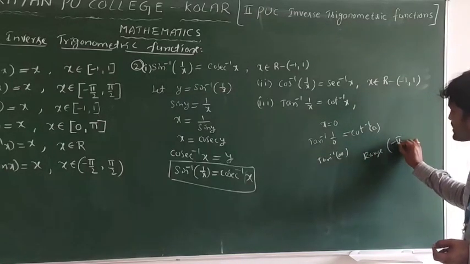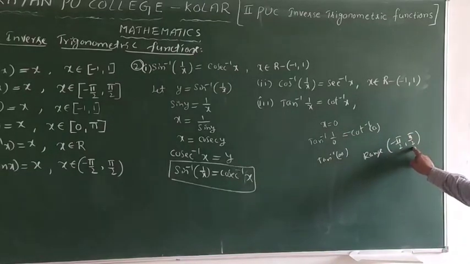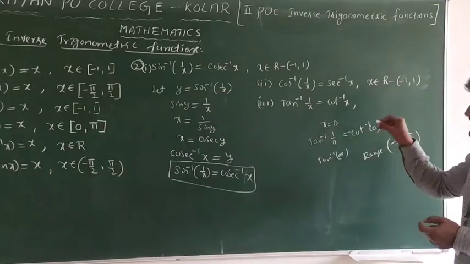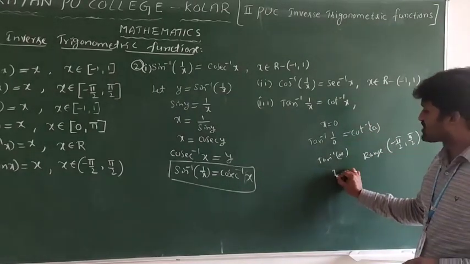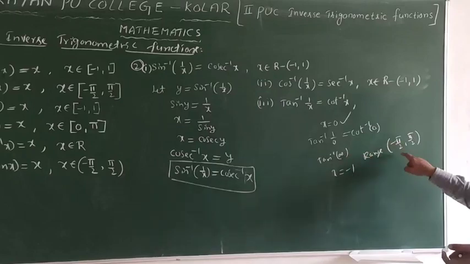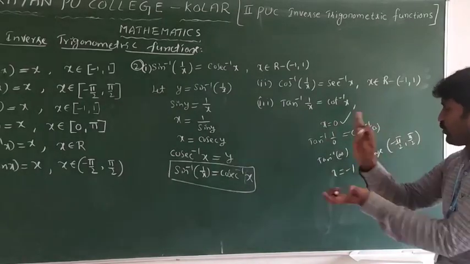Open interval minus pi by 2 comma pi by 2. In this, pi by 2 is not included. That's why we should not take 0, and should not take negatives either. For example, if you take minus 1. For 0 it is not satisfying. The reason is tan inverse of infinity, the angle does not exist. It is not in the range of the function. If you take a negative value.